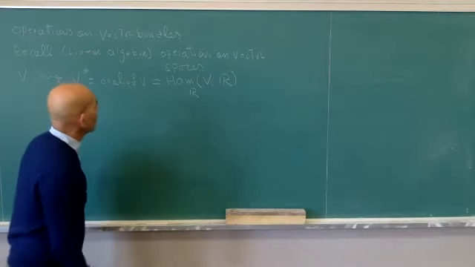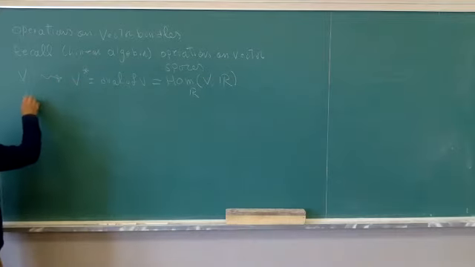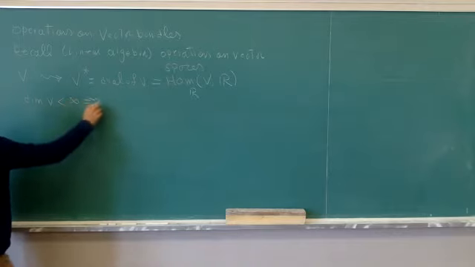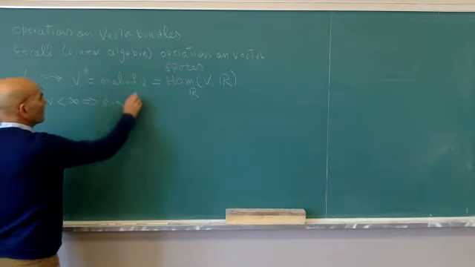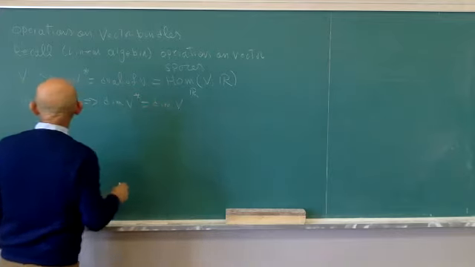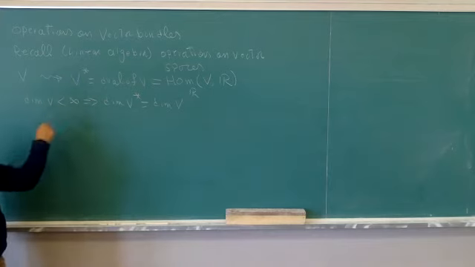Right? So, for example, if the dimension of V is less than infinity, this implies that the dimension of V star is equal to the dimension of V. And in fact, in this case, you can do something nice.